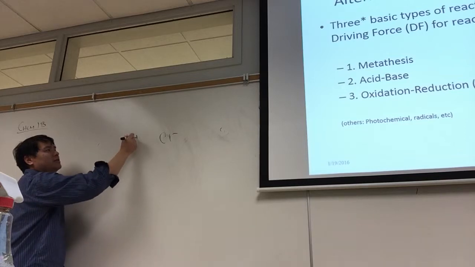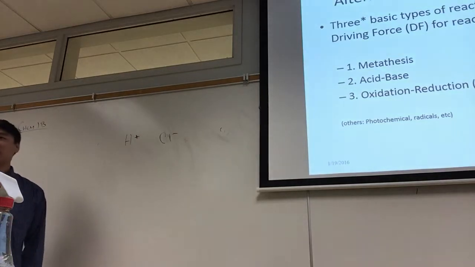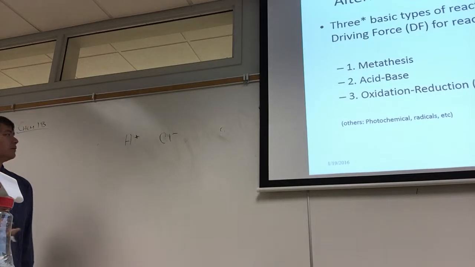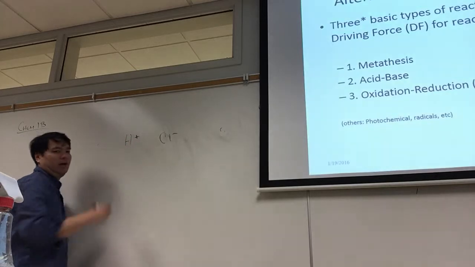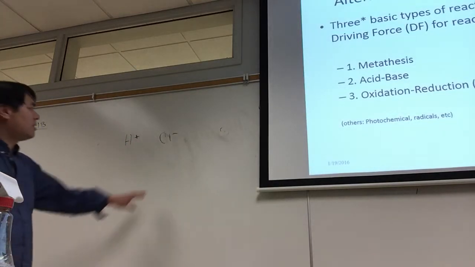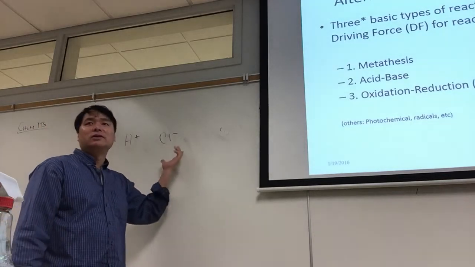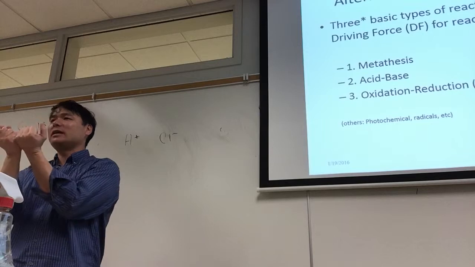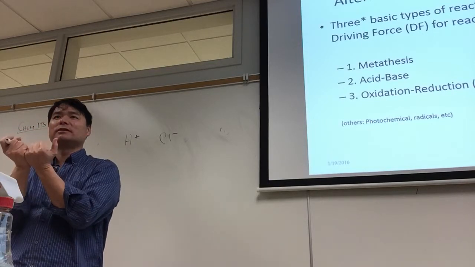And so what ions does H+ like? Well, H+ is an acid, right? And so basically it likes all bases, the anions are bases, so think. There could be a lot of anions, although chloride's not one of them. Otherwise, if H+ really liked chloride, it would bond together and stay stuck together, right?